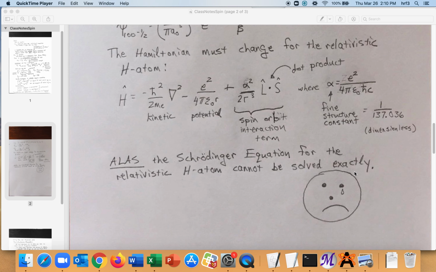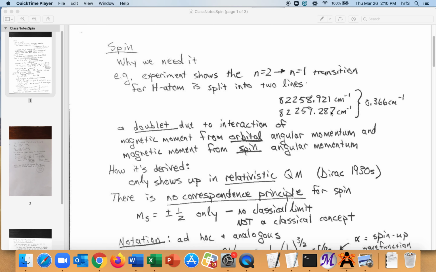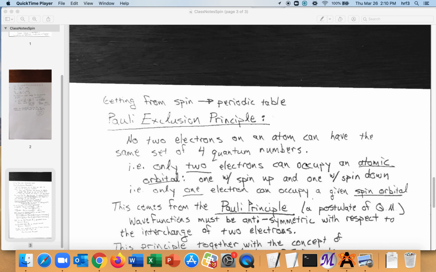Oh man, so even for our simplest real system of all, once you include relativity, we can't solve the Schrödinger equation. Never fear, we'll be able to get really close. And as you saw, the relativistic effect on the energy is tiny compared to the total value.